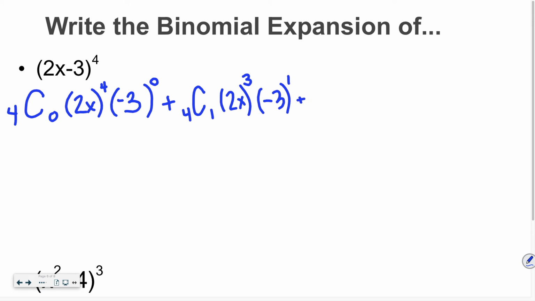Okay, so our next term is going to be 4 combinations of 2 times 2x now squared because we're going to decrease by 1, and then the power of -3 will increase by 1.